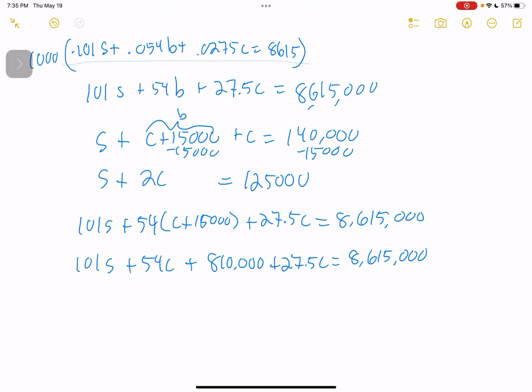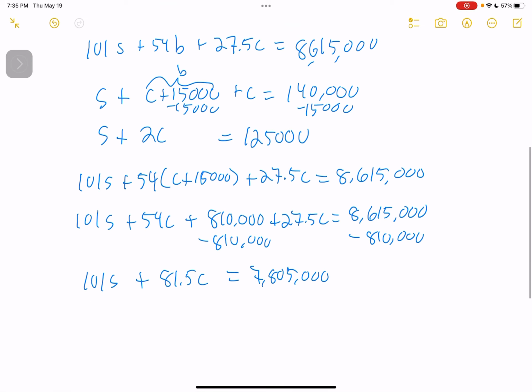And let's simplify this a little bit. We'll subtract the 810,000 from both sides and combine those C's. So 101S plus 81.5 C equals 7,805,000.